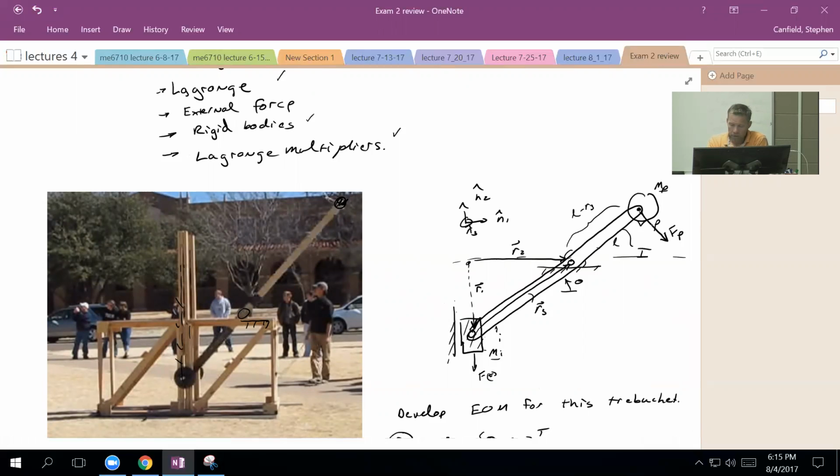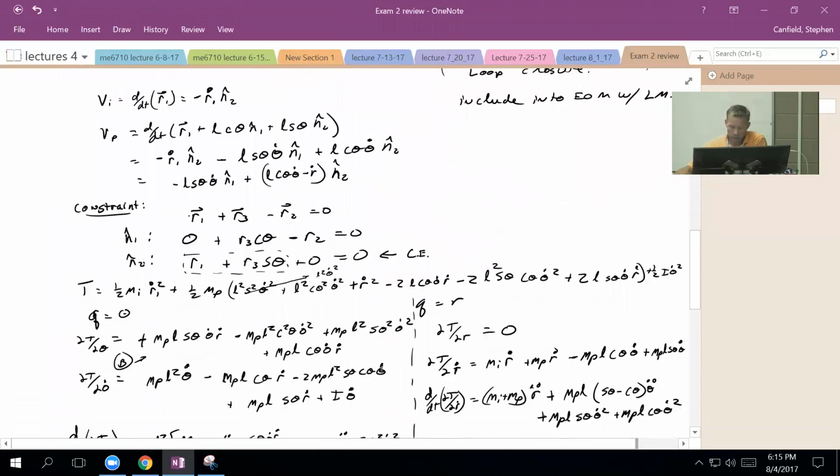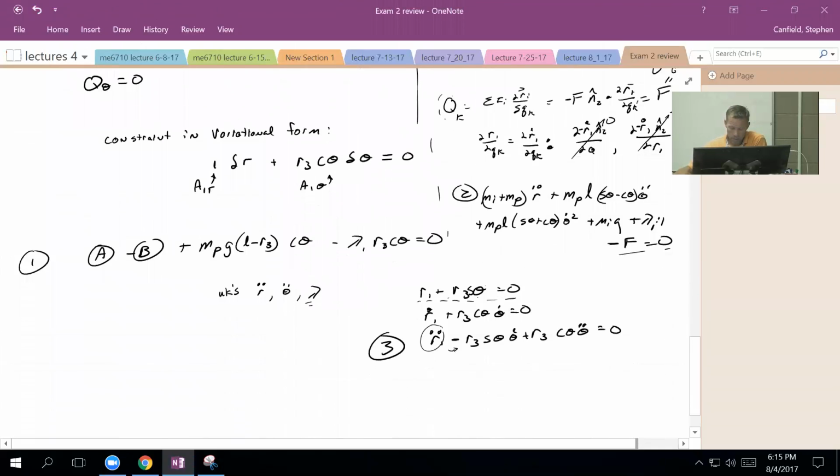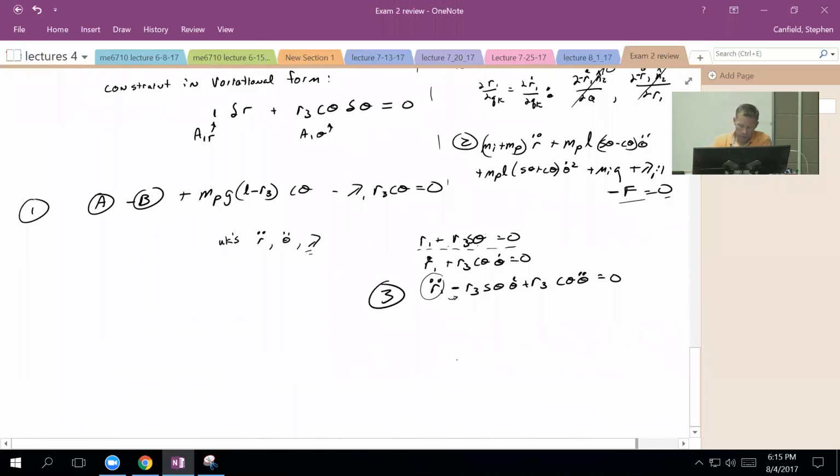So to find the generalized force associated with that, now I'm considering the FP. Q sub K would be the sum over all the forces, so FP dotted with the partial of that R sub P with respect to my little QK.